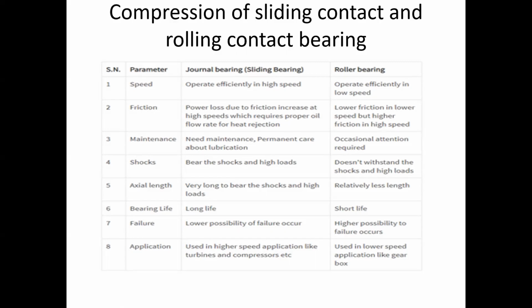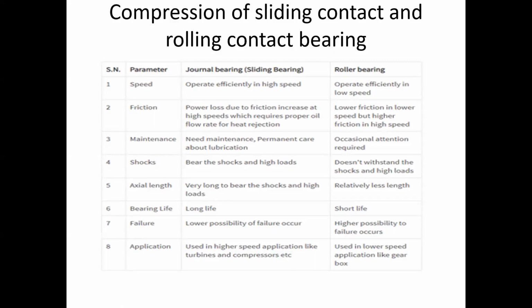Shocks: sliding bearings bear the shock and high load. Roller bearings do not withstand the shock and high loads. Axial length: sliding bearing needs very long length to bear the shock and high load. Roller bearing, relatively less length is required. If you talk about the bearing life, sliding bearings have very long life. For the roller bearing, a fixed number of revolutions is recommended for that particular bearing.